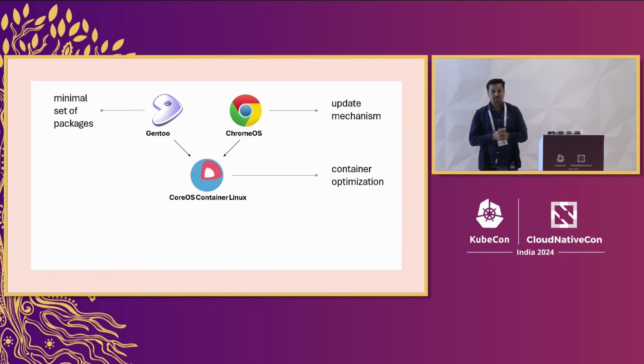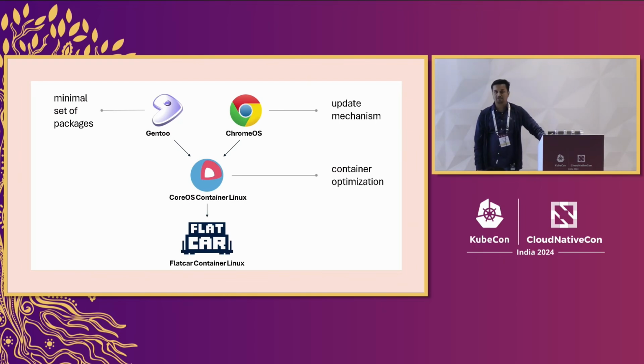And in the year, I guess 2017 or 2018, CoreOS was acquired by Red Hat, and the project was turned into Fedora CoreOS, but a direct fork was built out of it, which was called Flatcar Container Linux. So the Kinvolk folks, the company behind Flatcar, used to work with the CoreOS folks on a bunch of projects.